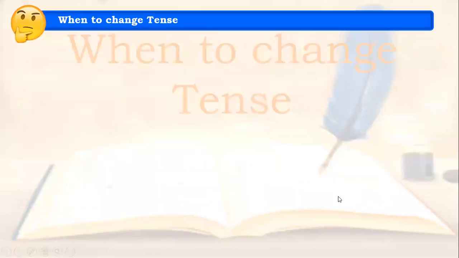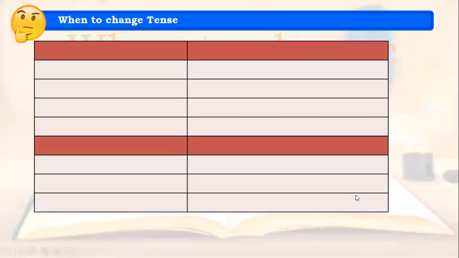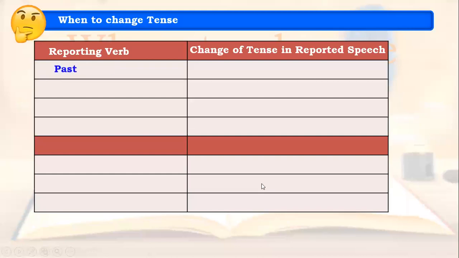Moving on. Now when to change? It's very easy. When to change the tense? Everybody is confused in this case about when we change the tense. In which situation are we supposed to do it? So in order to make your job easier, whenever we have bahar ka verb in the past tense, that is, whenever we have said as a bahar ka verb, only in such a case can we change the tense.